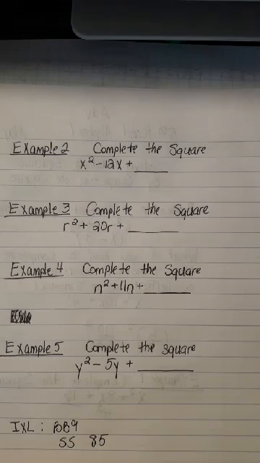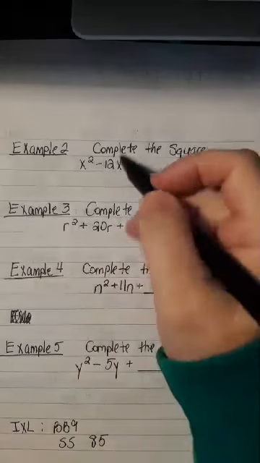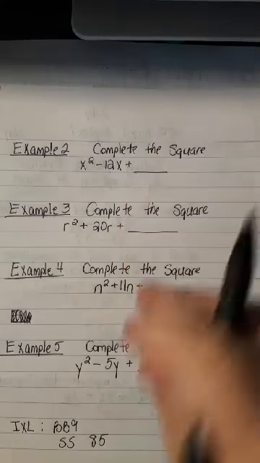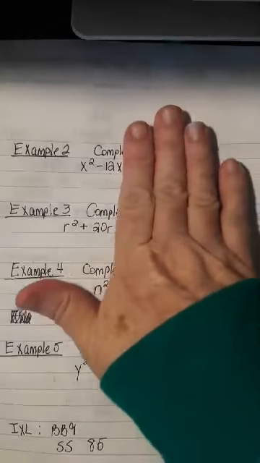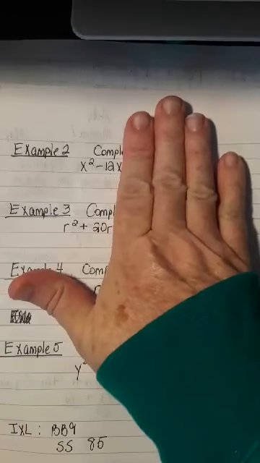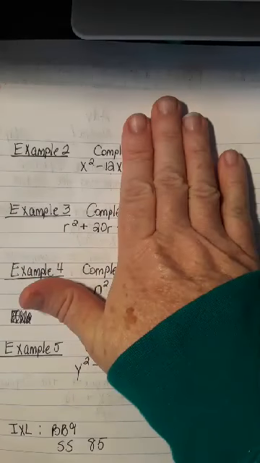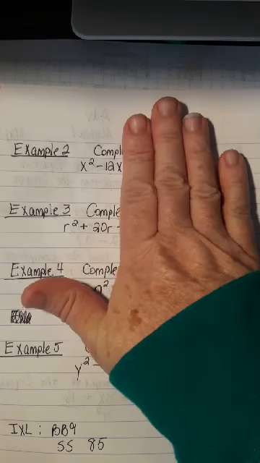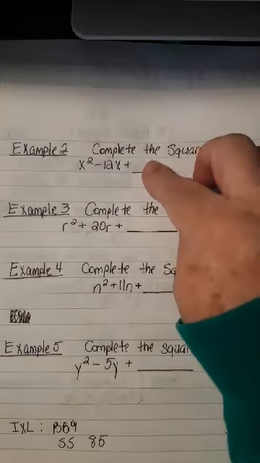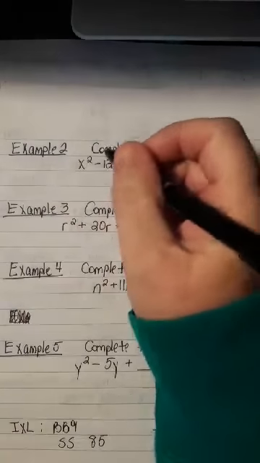So to get that last term that goes in the blank, you take your middle term. In fact, it's not really your middle term, but it's going to be your middle term. You're going to be given just this, x squared minus 12x, and then you've got to complete the square. And the number that you put here is going to complete the square.